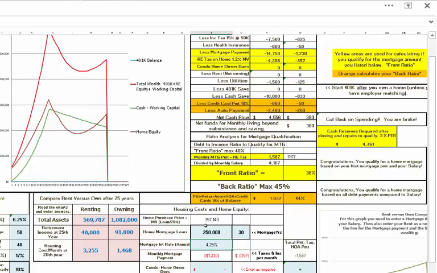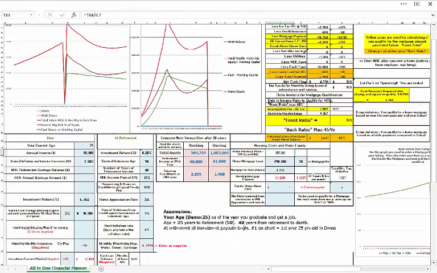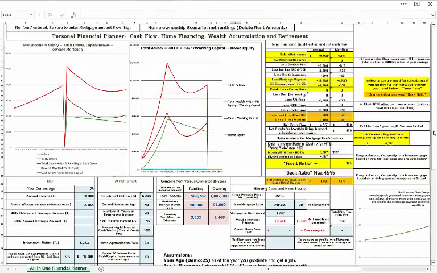You've automatically got $107,000 of equity when you purchase this house. That's another seminar we'll get to. Well, that's a pretty good review of this all-in-one financial planner for you, and I am hoping that you will use it as a tool to plan your future.